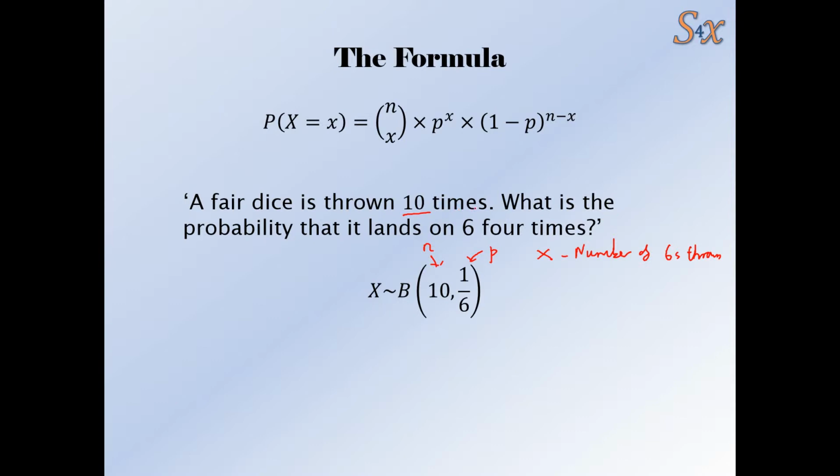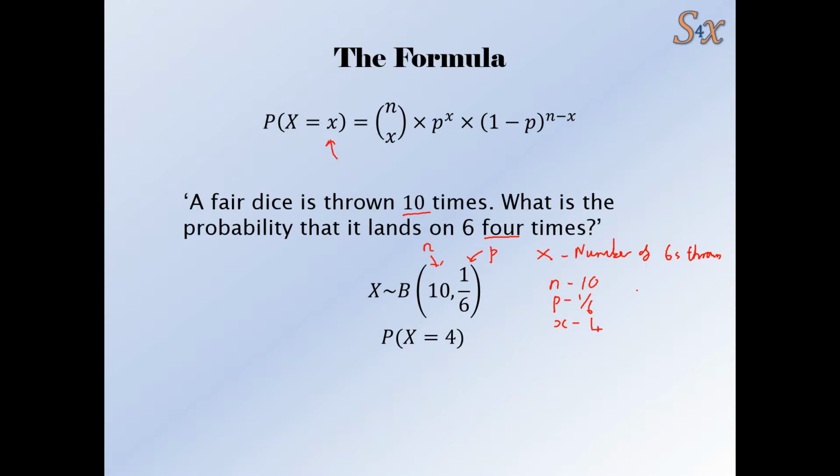And we want it to land on 6 4 times. Okay? That's this number here, the probability that x equals 4 is what we're after. So we've got n is 10, p is a sixth, and x, the number of times it succeeds, is 4 times. Now if you think about it, we've got 10 throws of a dice.